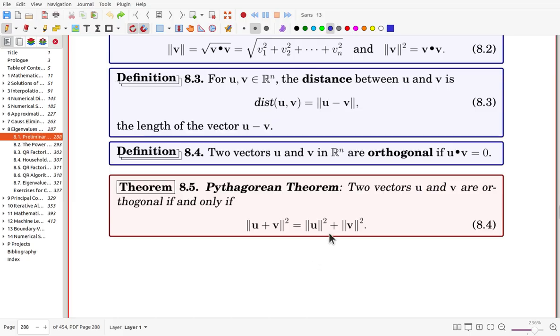Once two vectors are orthogonal, then they satisfy this Pythagorean theorem, and you can easily see it.